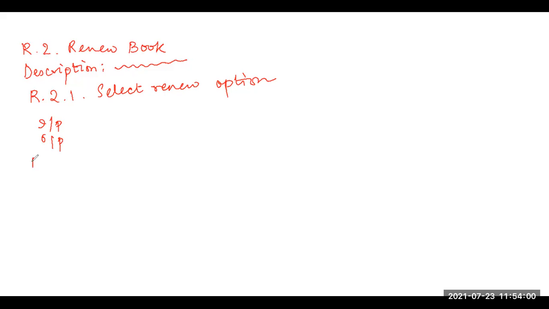Then next will be that the login is happening. So what will be the input and the output?